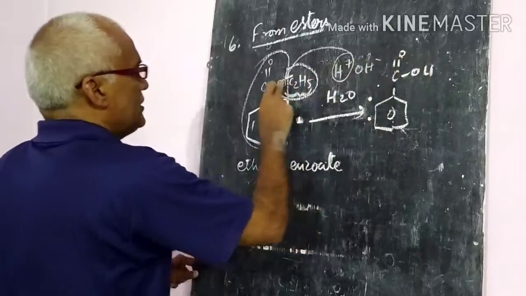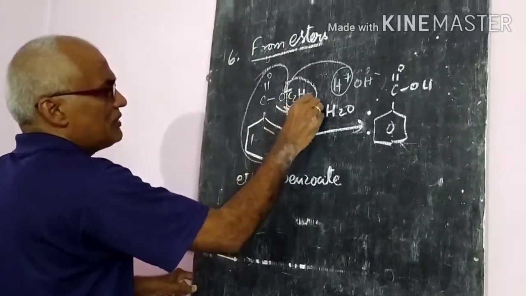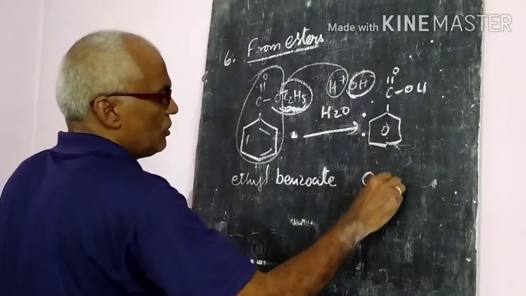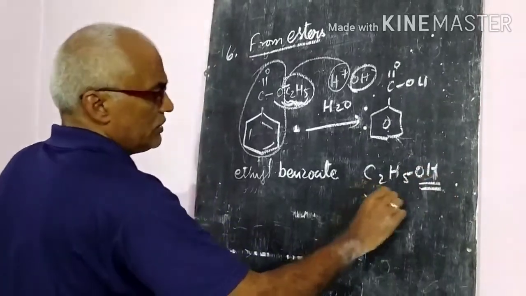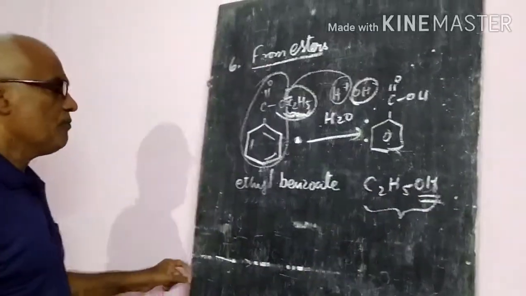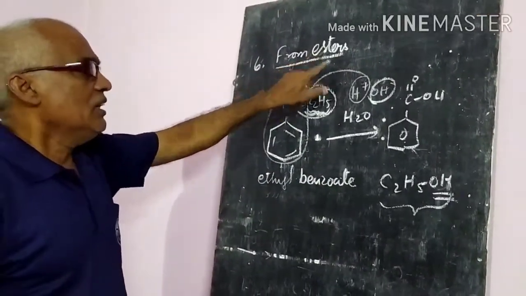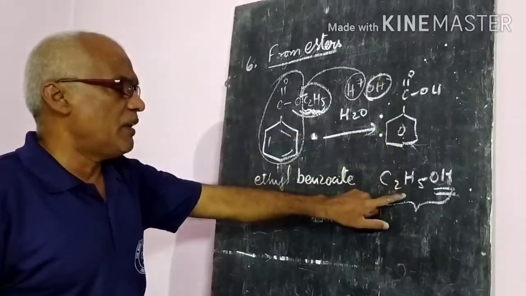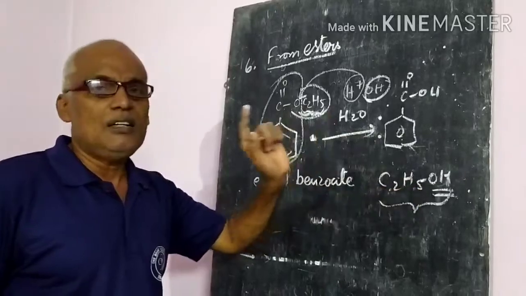That is benzoic acid formed, and the ethyl group will be attacked by the OH group and form C2H5OH, that is an alcohol, ethyl alcohol or ethanol. So direct hydrolysis of ester, ethyl benzoate, will give the corresponding acid, and whatever alkyl group is there will be converted into the alcohol.